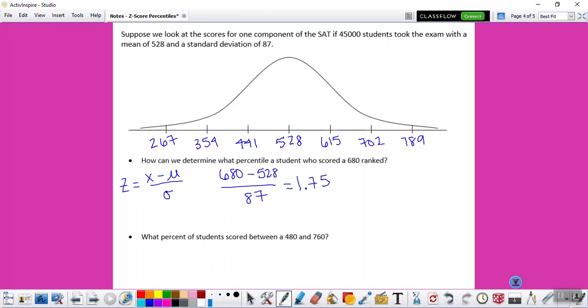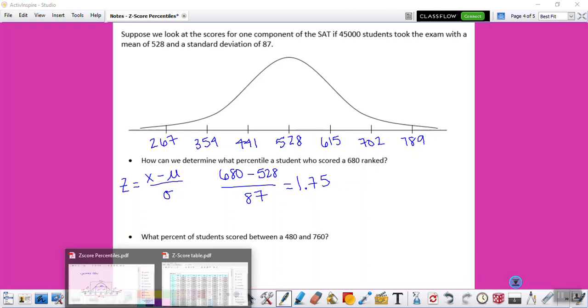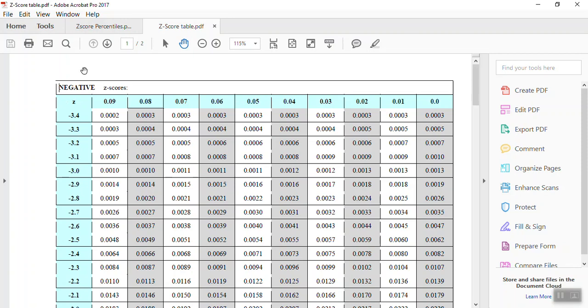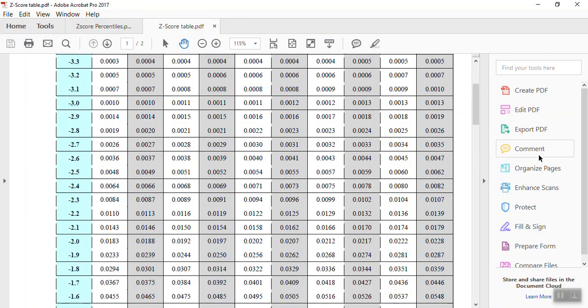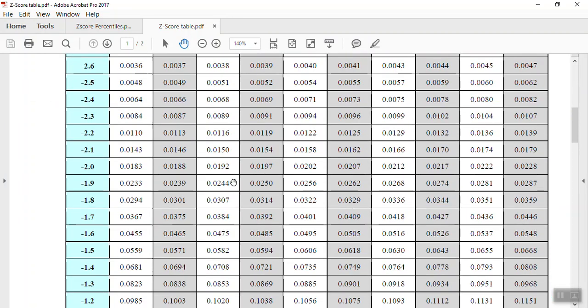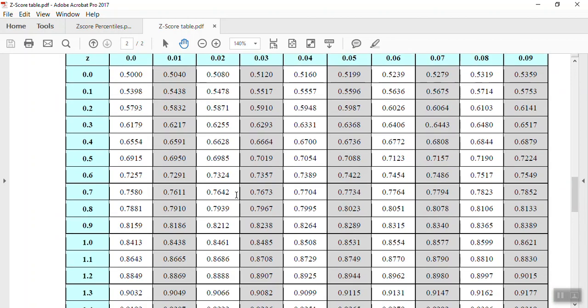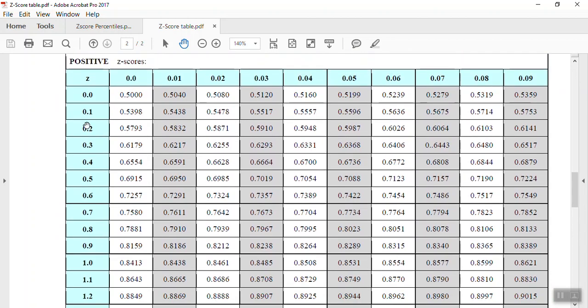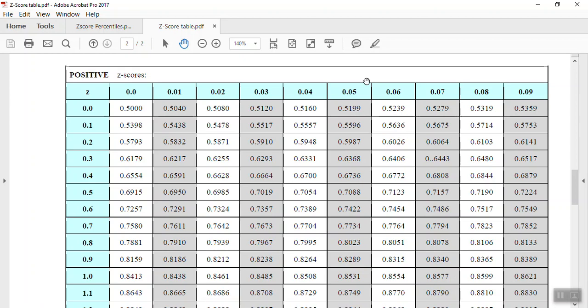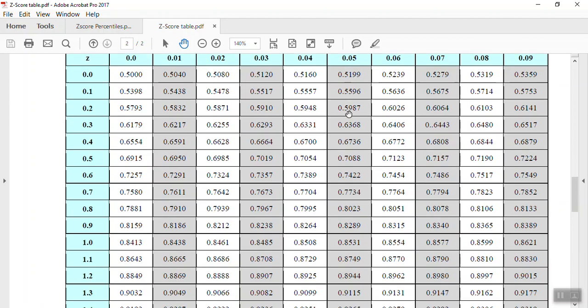What we're going to do is we're going to use our normal distribution chart. So we're looking for 1.75 on the chart. So right now we're on the negative side, and I'm going to flip, go to where the numbers are positive. So I'm going to look for 1.7 on the left, and then this is my 0.05 column right here.